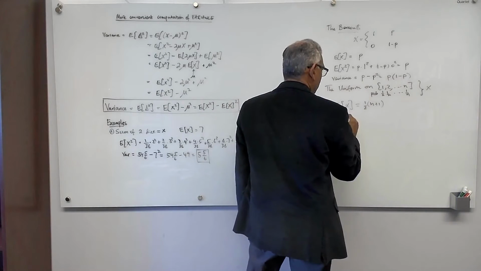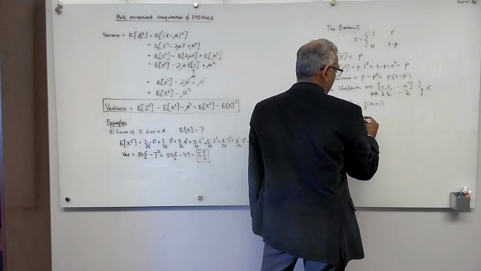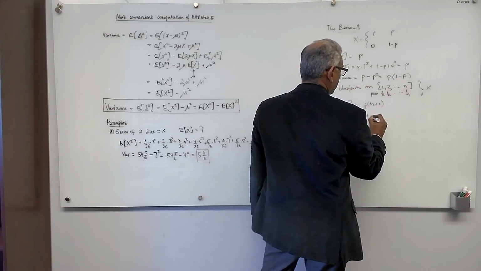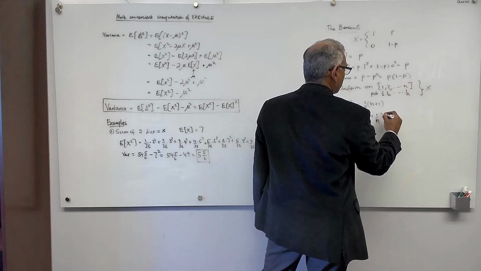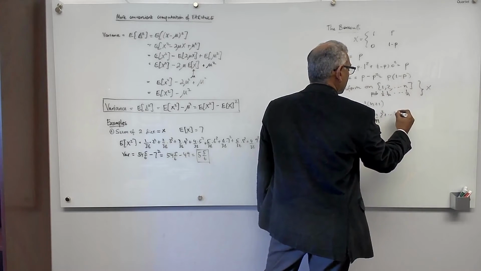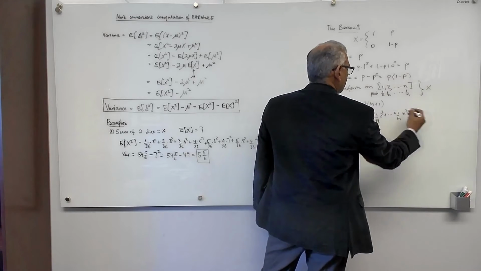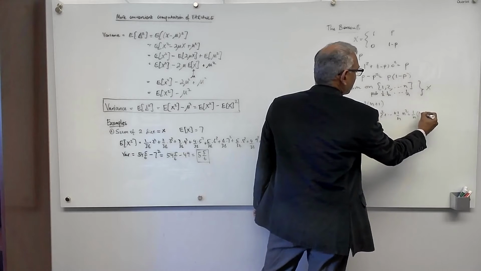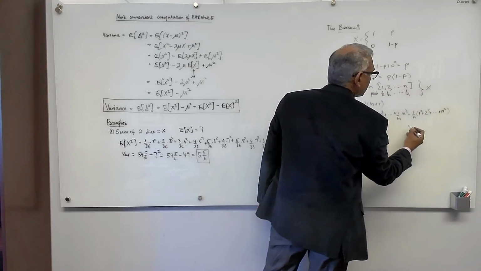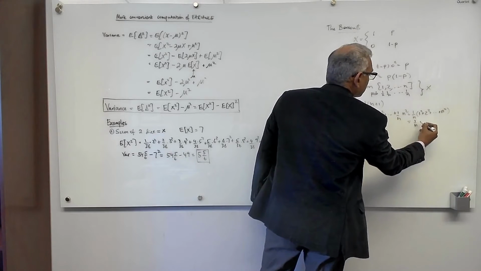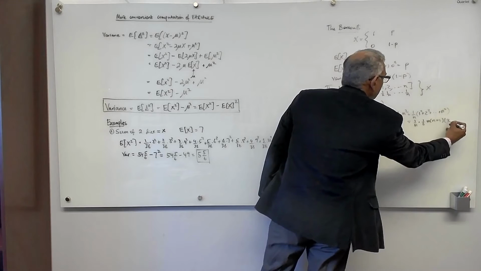The expected value of x squared is equal to 1 over n times 1 squared plus 1 over n times 2 squared plus, and so on, plus 1 over n times n squared, which is 1 over n times 1 squared plus 2 squared all the way up to n squared, which is 1 over n times 1/6 n plus 1, 2n plus 1.